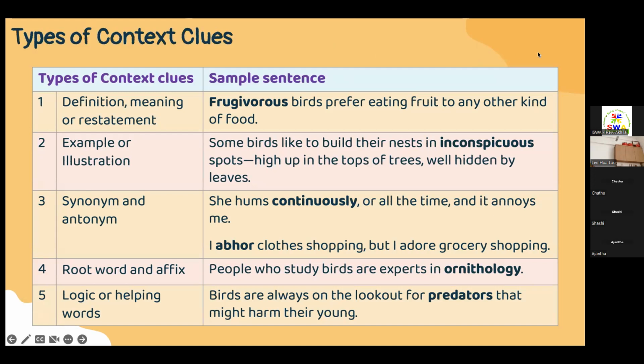The sentence is quite short, so it doesn't describe or give an example, so it's not example or illustration. In that sentence, I don't see any logic or helping words or any definition, and there's no opposing or similar words as well. So the logical answer is root word and affixes.